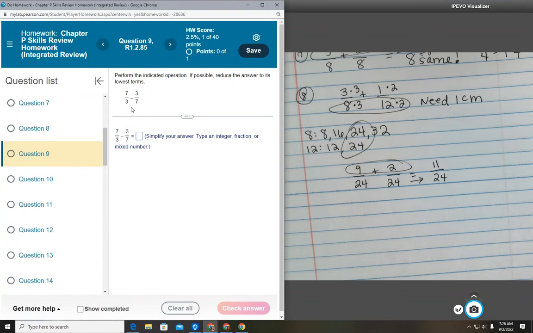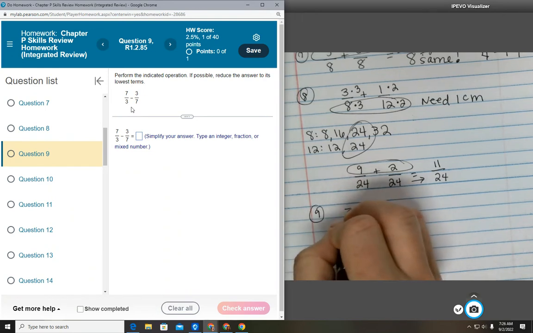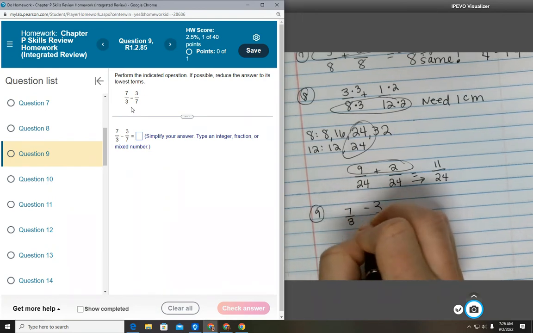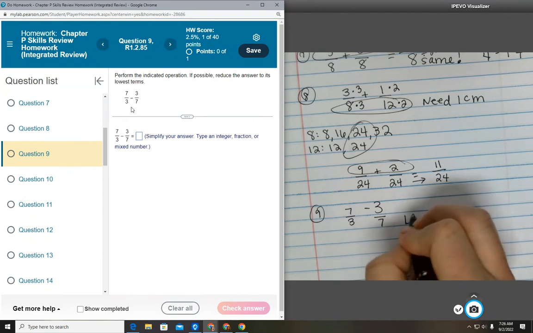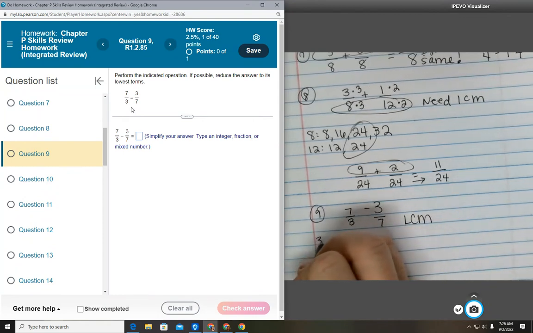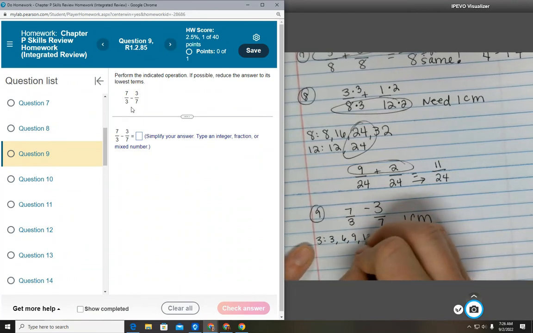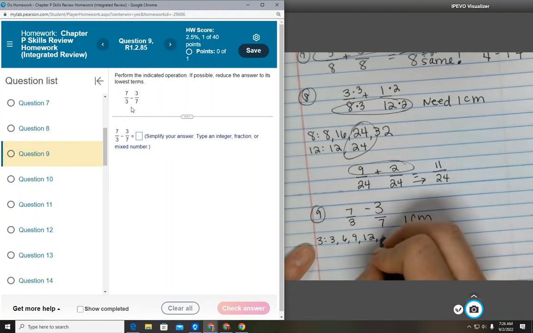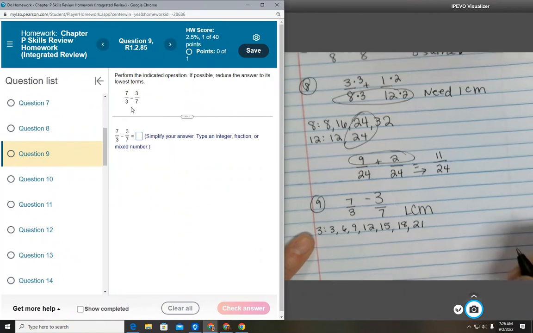Same thing with subtraction. You subtract your numerators and keep your same denominators. So you've got to get your LCM. So you count by 3s. 3 is 3, 6, 9, 12, 15, 18, 21.